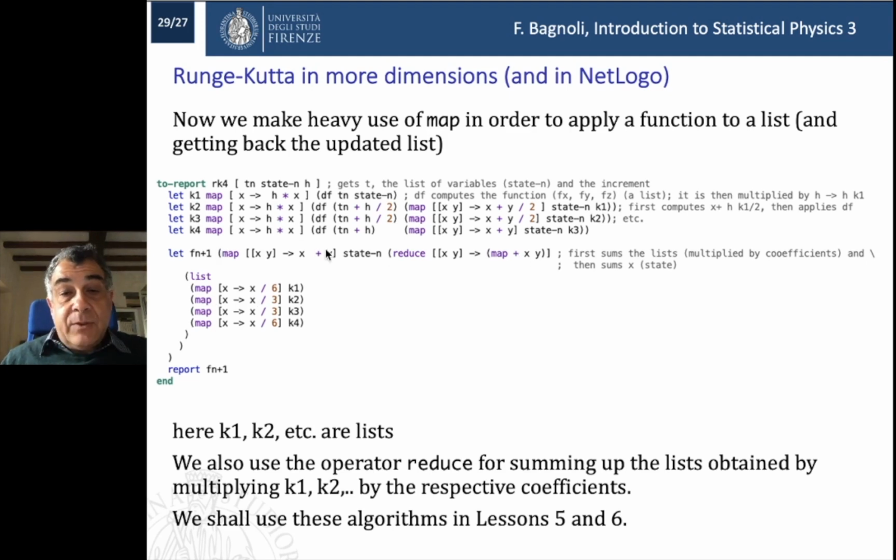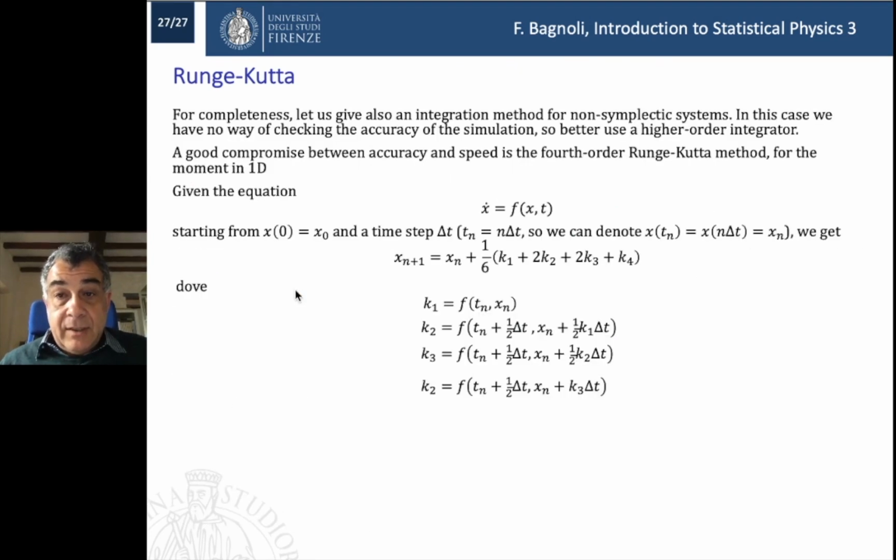And finally, I use again map in order to increase the state of the single particle by this increment. So essentially, this is the xn plus this.